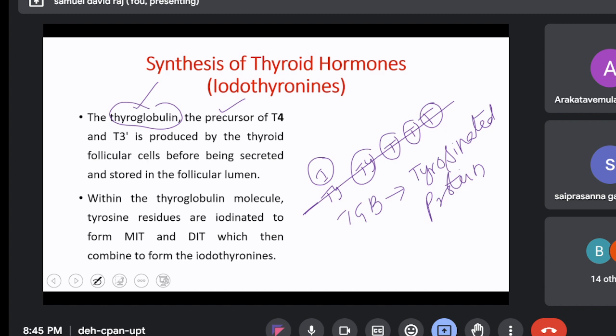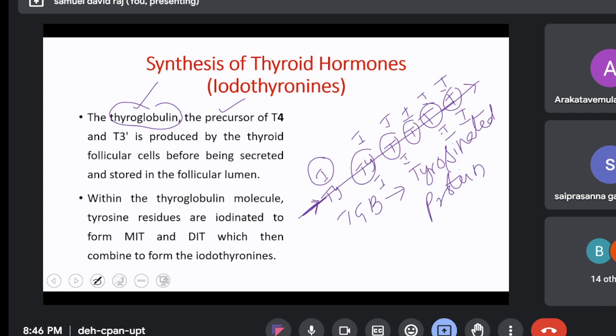Until thyroid stimulating hormone stimulates it, it shows mono, di, tri, and tetraiodothyronins as integral components of the thyroglobulin. They are not separated. All are part and parcel of the same molecule.